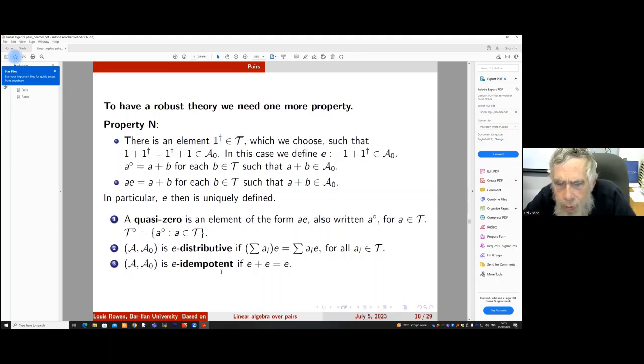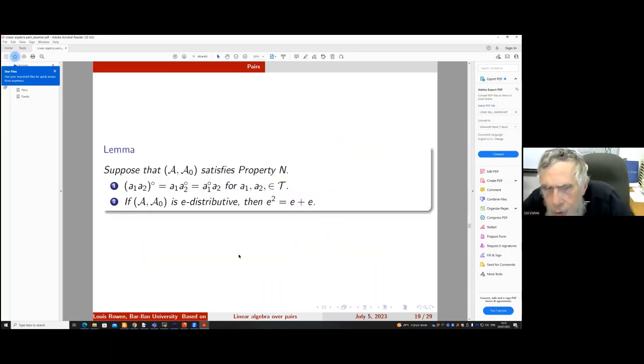And then you have distributive and idempotent. So if A and A0 have property N, then this works. So this circle property is like a homomorphism, not quite.